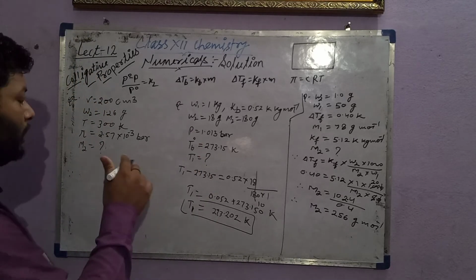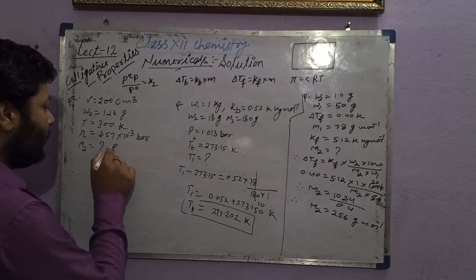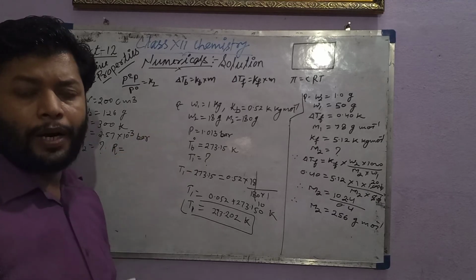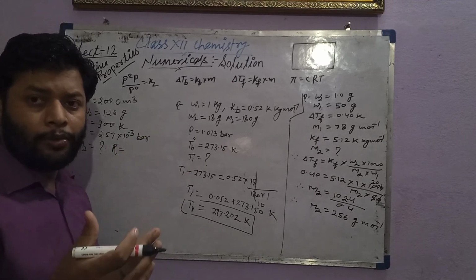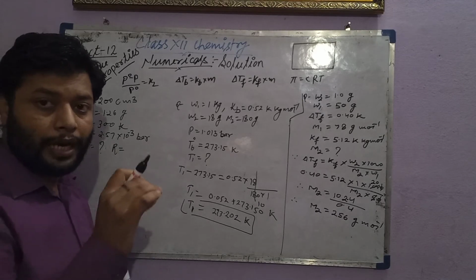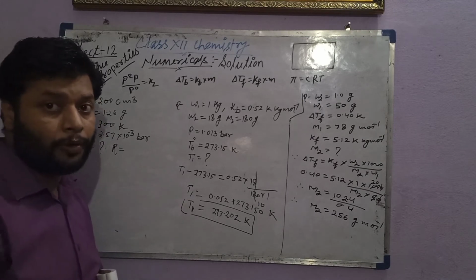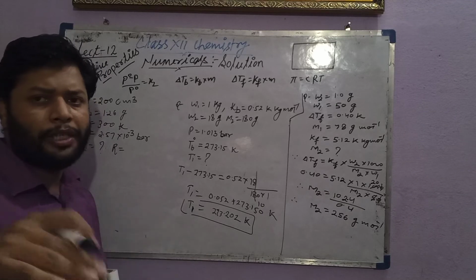From the question you have to know R. There are different values of R. In joule per Kelvin per mole, the value of R is 8.314. In kilojoule it is 0.08314.